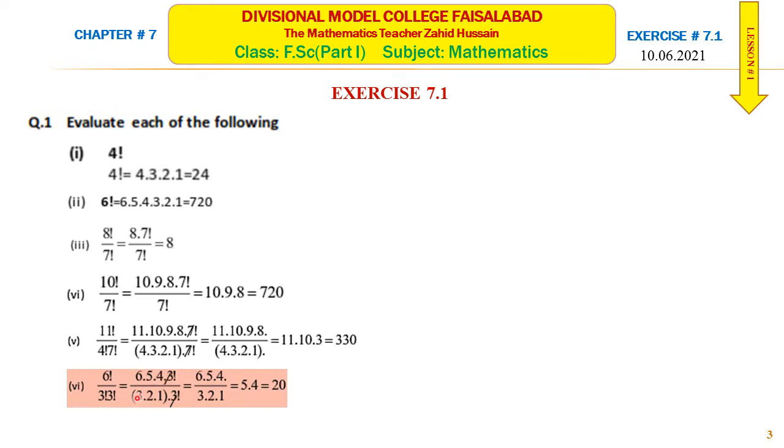In the denominator, one 3 factorial is written as 3, 2, 1 and one 3 factorial is left as it is. This 3 factorial is cancelled with 3 factorial and we are left with 6, 5, 4 over 3, 2, 1. This 3 times 2 is cancelled with this 6, so we are left with 5 into 4, and 5 multiplied by 4 is 20.